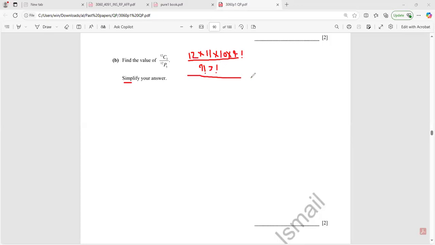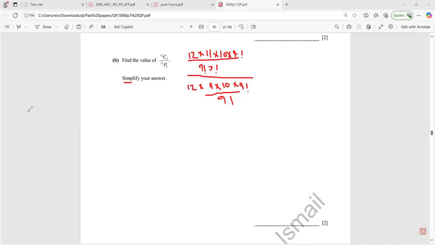All this divided by the denominator, which will be 12 times 10. Now 12 times 11 times 10, then I'll stop at 9 because I'm going to cancel also here the 9, dividing by 9 factorial.